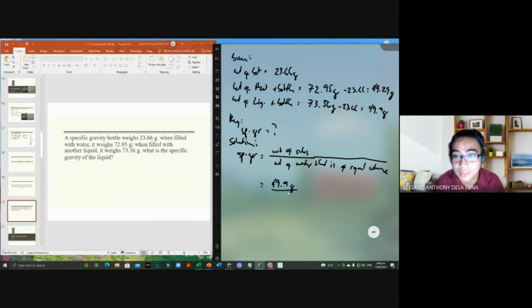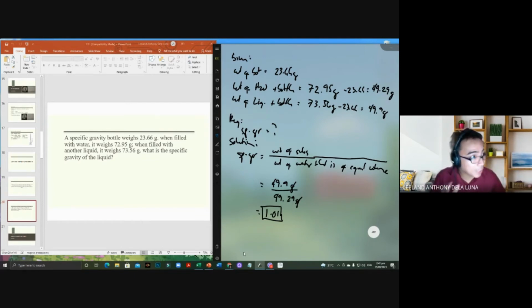Ang weight ng water ko, the same lang naman ang volume, would be 49.29 grams. So cancel. 49.9 divided by 49.29. We get a specific gravity of 1.01. Yan na naman ako, muntik na ako maglagay ng units. Alright? So are we clear? Nagets class kung paano natin na-compute? Very good.